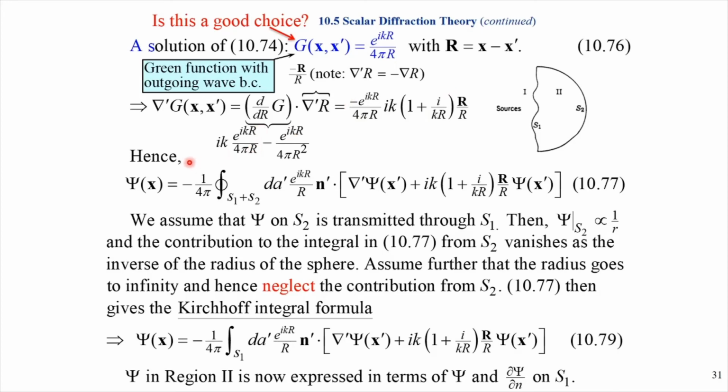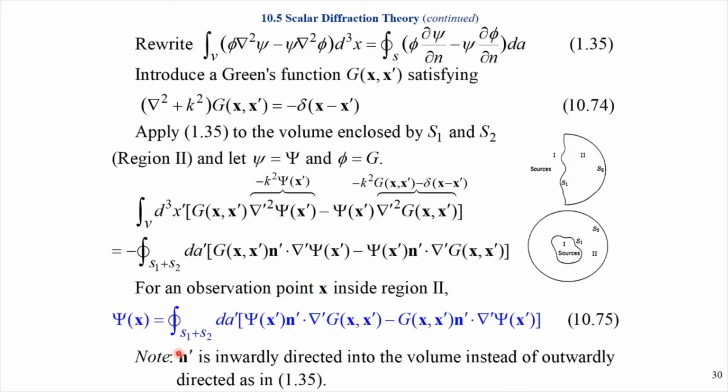So hence, phi(x) equals minus 1 over 4 pi. Why do we have a minus sign here? Because of this one, we move it to the front. Here we generate a minus sign, and we have another minus sign here, so we move the minus sign to the front.